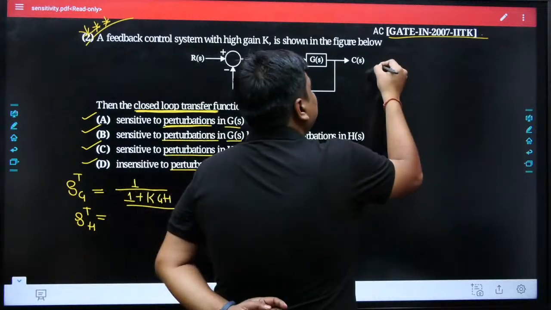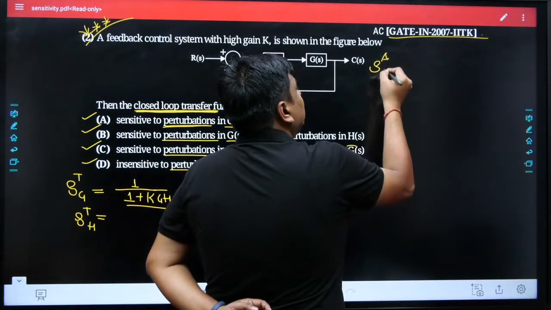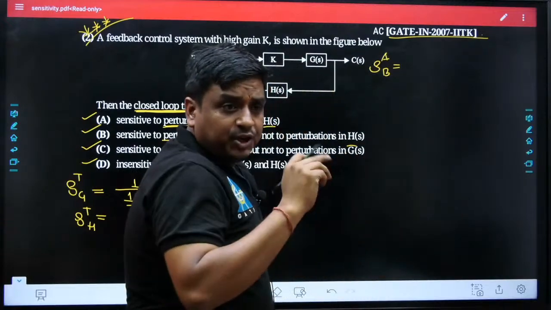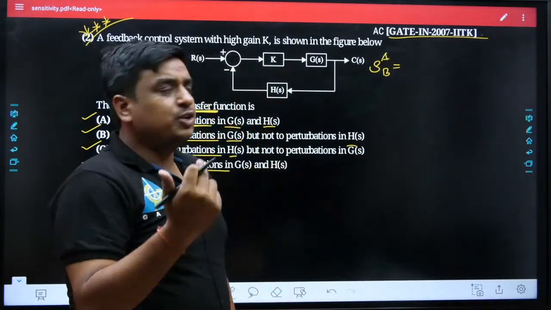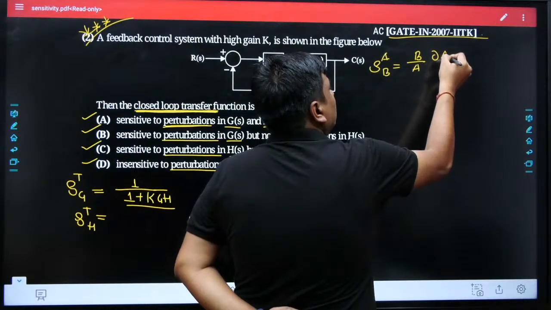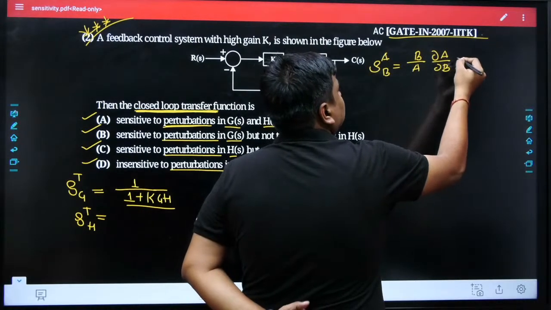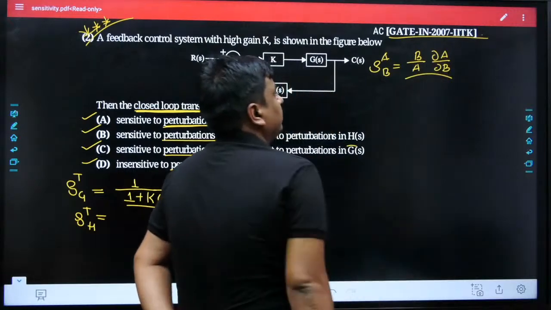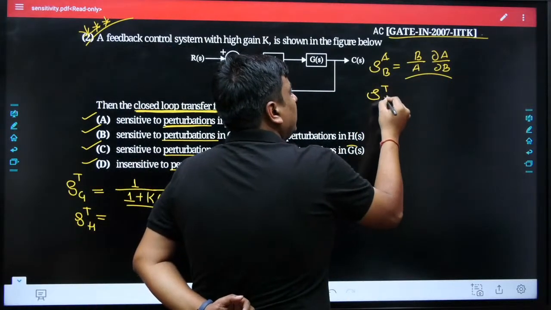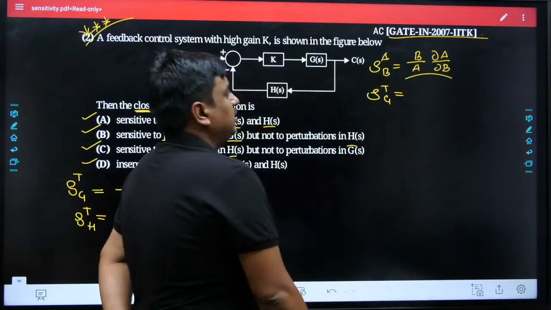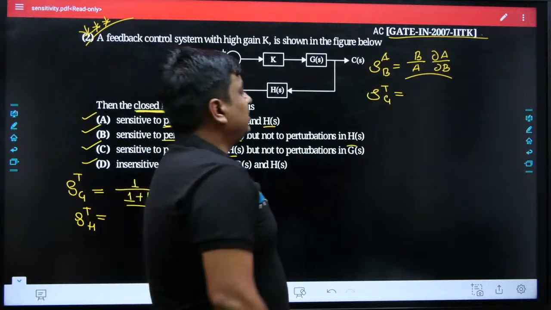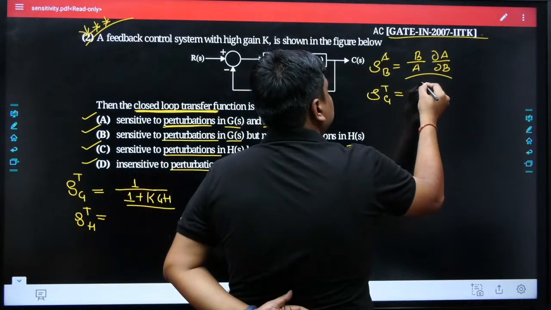Tell me how the derivation goes. The sensitivity of A over B is written as ∂A divided by A into 100%, over ∂B divided by B into 100%. End of the day, it becomes B divided by A, ∂A divided by ∂B, into 100%. The 100% goes off, and here it is nothing but S_T^G. Instead of B there is a G, instead of A there is a T. So G would remain as it is.